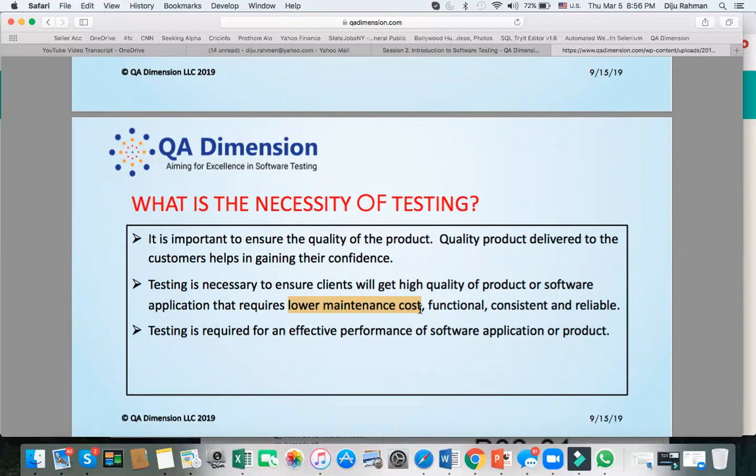If we don't test properly and if we find stuff very late in the game, let's say 5 months after the website is launched, and we find some sort of major issue, it will cost a lot of time and a lot of money. Because if they want to fix something after it goes live, first thing they have to do is fix it.